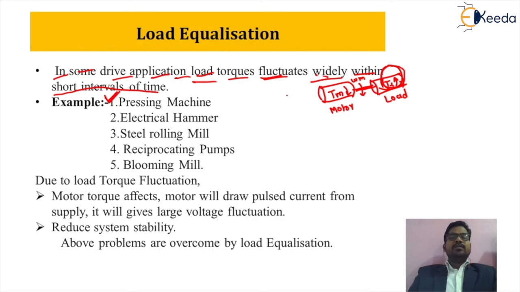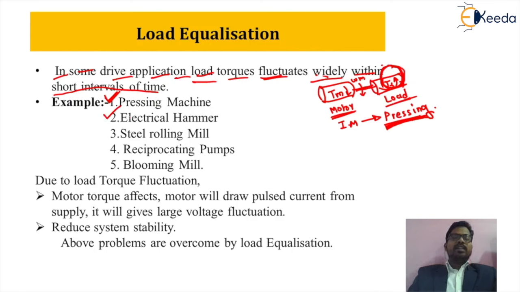If we are using an induction motor for a pressing mill, then at the pressing operation the value of the load torque fluctuates. At that time we will require some mechanism, which we will discuss later on. Okay, so that will be the first example.